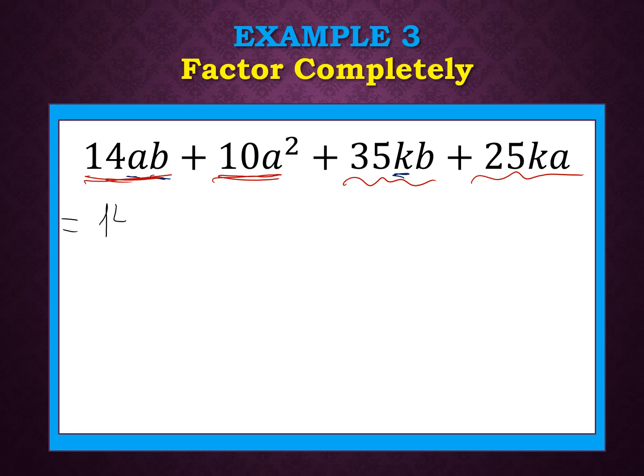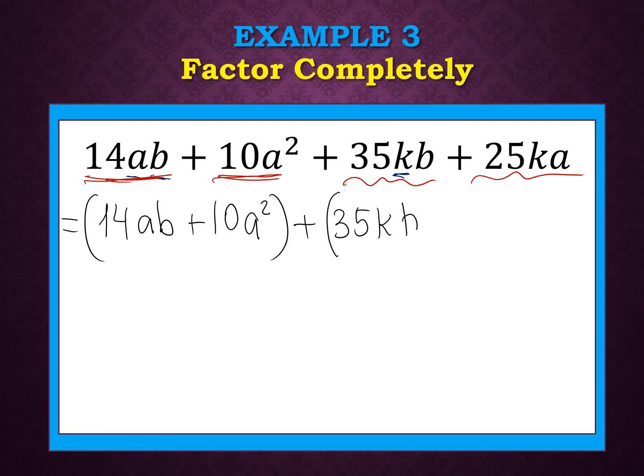It would be 14ab plus 10a squared plus 35kb plus 25ka. Now the first parenthesis has a greatest common factor, it would be 2a.